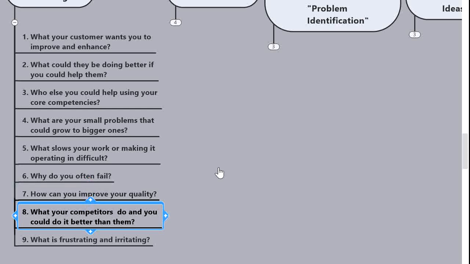What your competitors do and you could do better than them, and that is a question when we are considering a problem of competitiveness with other competitors, and we don't know what to do about that.